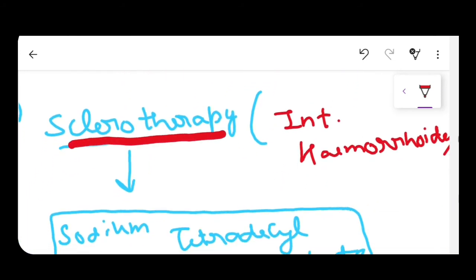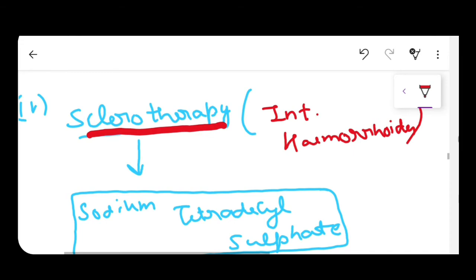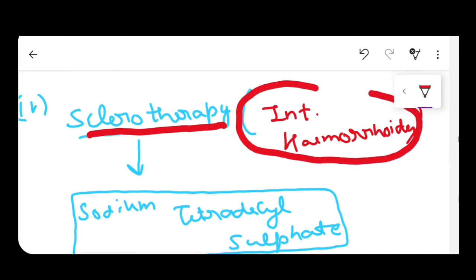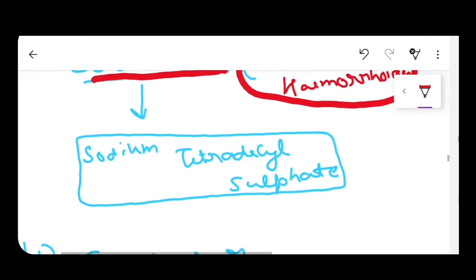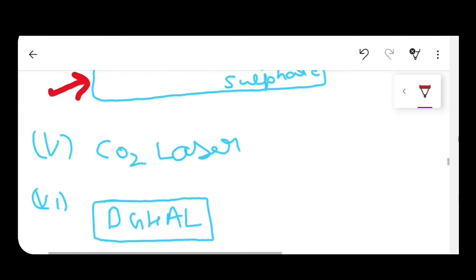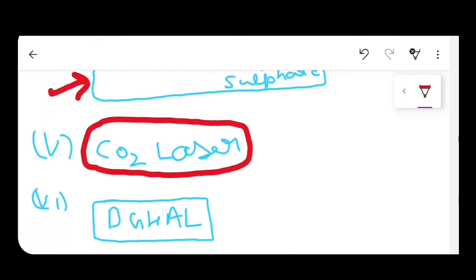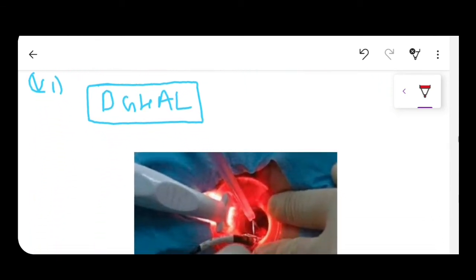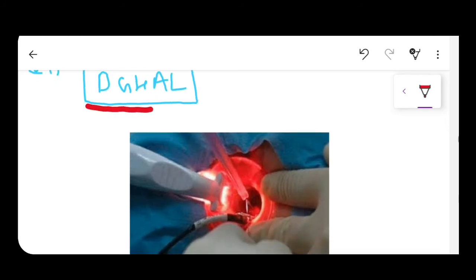You can also use sclerotherapy. It is mainly used for internal hemorrhoids. In this, you inject sodium tetradecyl sulfate into the veins which are involved in the hemorrhoids. This is known as sclerotherapy. Now guys, we can also use CO2 laser, and this is very important guys, DGHAL.